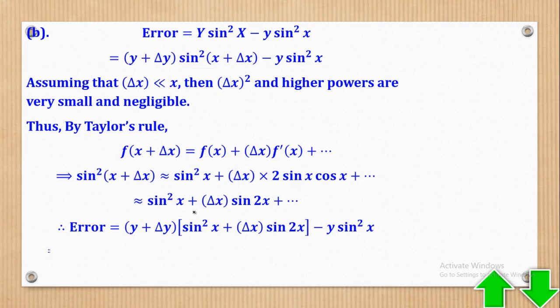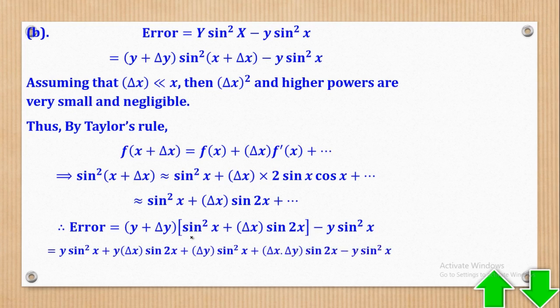Then when I open brackets and expand, I multiply y throughout these two: y by this will give me y sine squared x, then y by this will give me y delta x sine 2x.